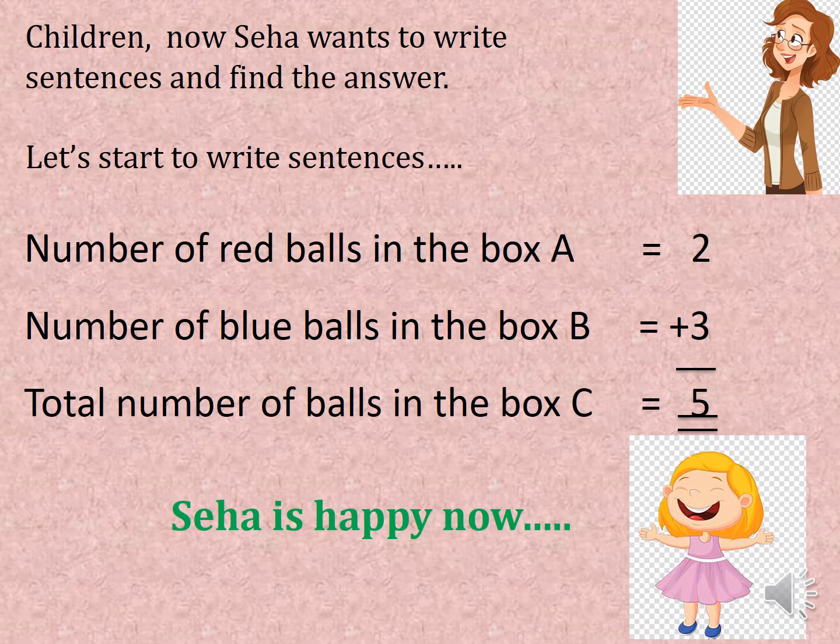Children, now Seha wants to write sentences and find the answer. Let's start to write sentences. So the first sentence that we can write is number of red balls in the box A. How many red balls did we have in box A? 2.